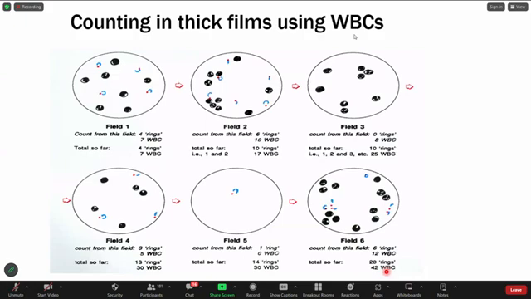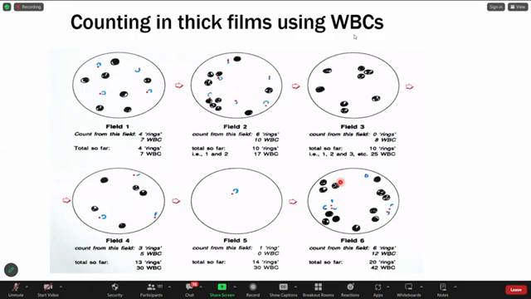In the field where you find the 200th WBC, count all the parasites in that field and all the white blood cells.